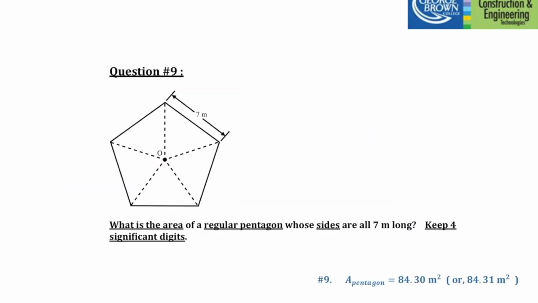In this next example, we're looking to calculate the area of a regular pentagon when we're strictly given just one of the edge lengths on its perimeter, in this case 7 meters. So it'll be shocking to some people that you would only need that to calculate the area.